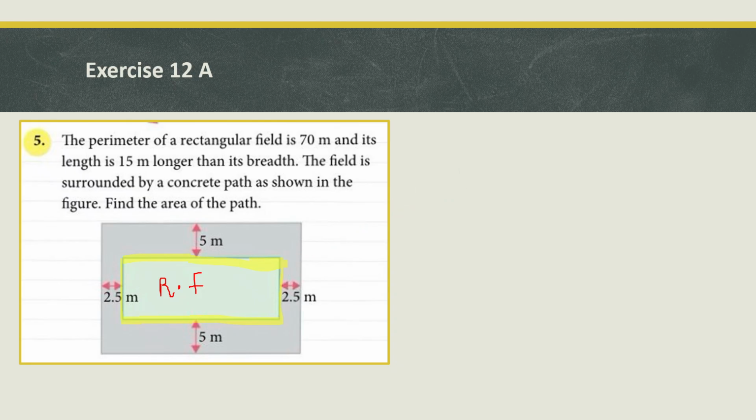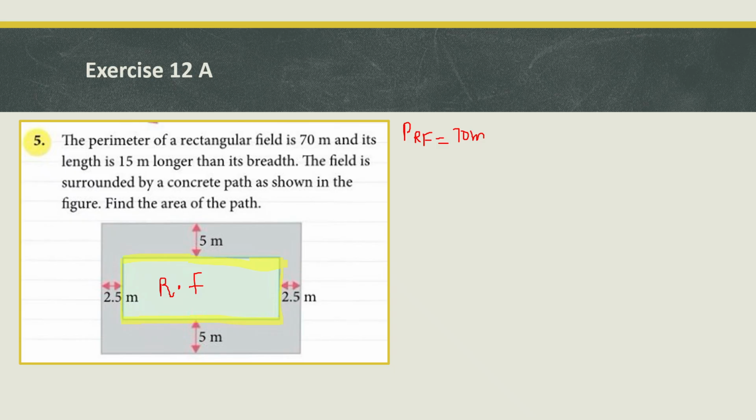Now moving further, it is mentioned that the perimeter of this rectangular field is given, that is 70 meter, and it is also mentioned that its length is 15 meter longer than its breadth.